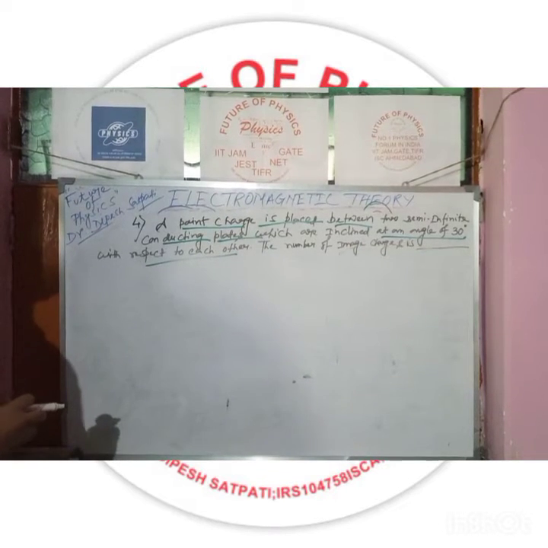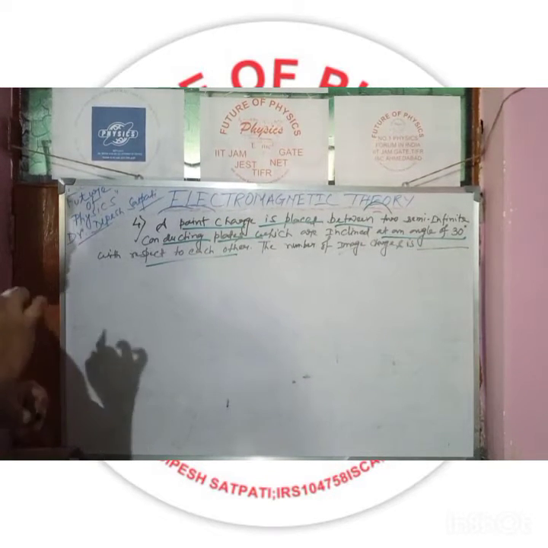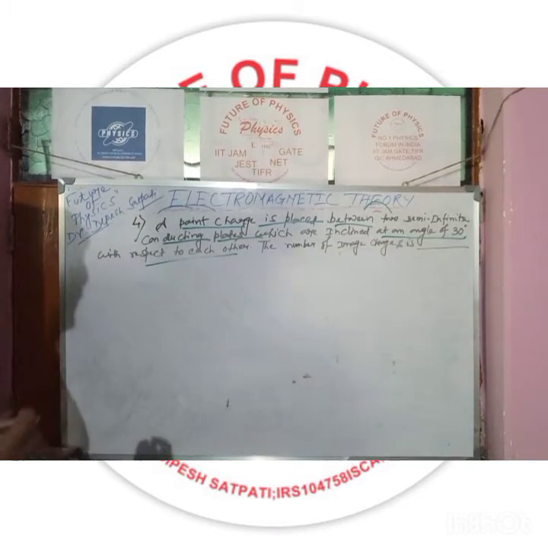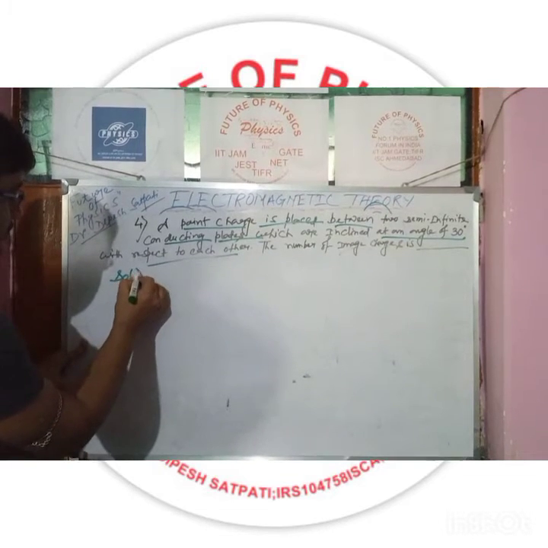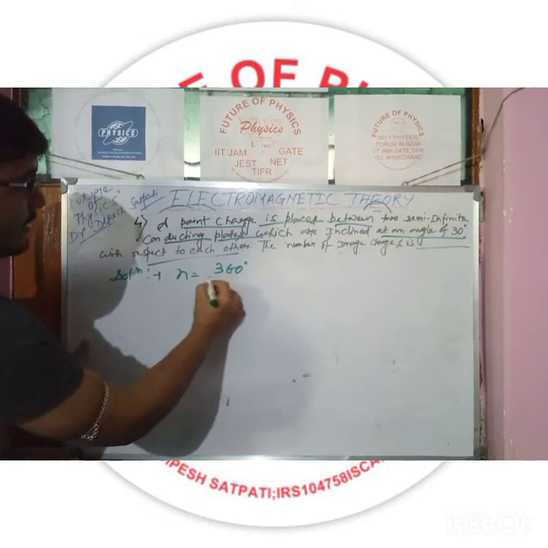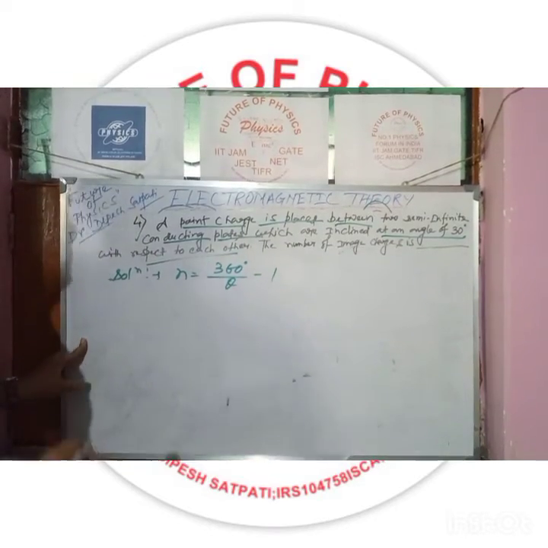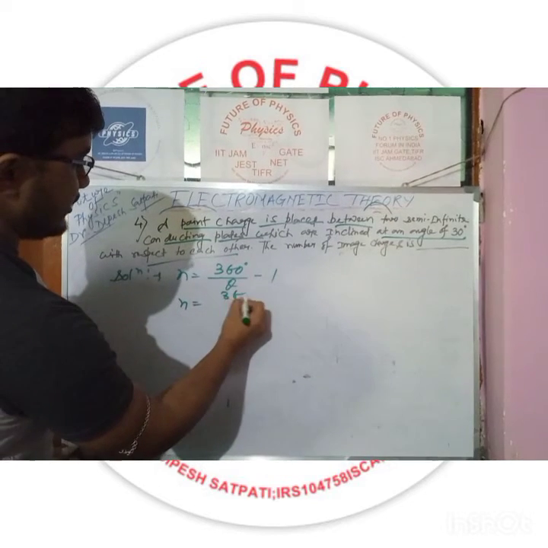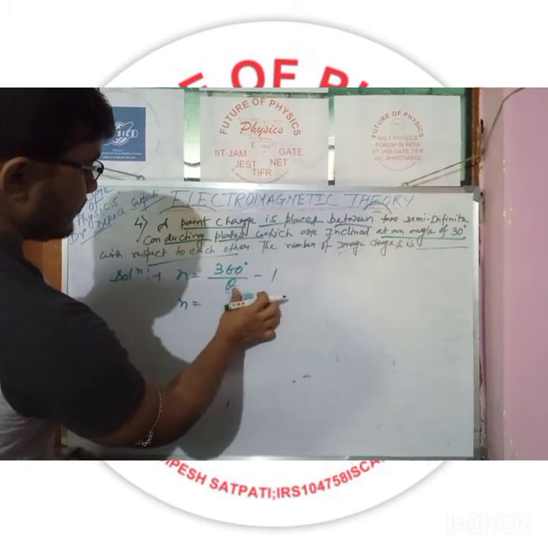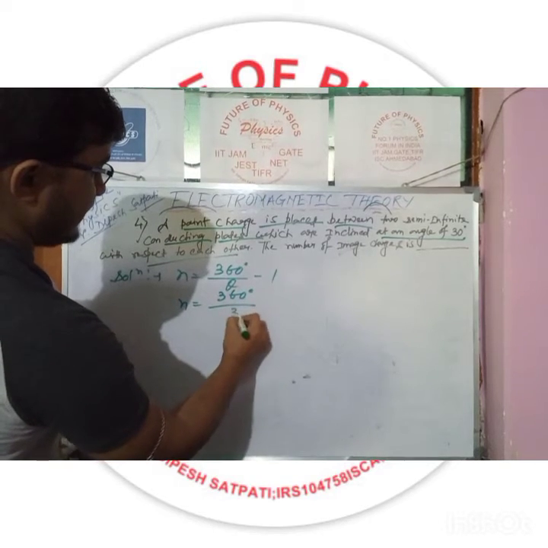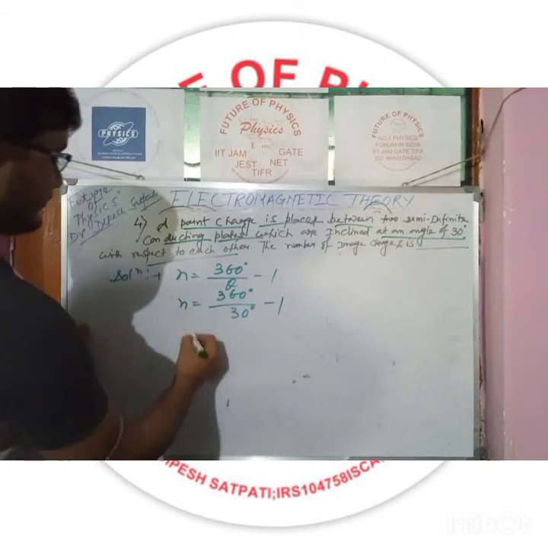Theta is equal to 30 degree. The number of image charges is a fill in the blanks question, the best question for GATE and TIFR. Now, solution. We know that n is equal to 360 degree by theta minus 1. Then n is equal to 360 degree by 30 degree minus 1.